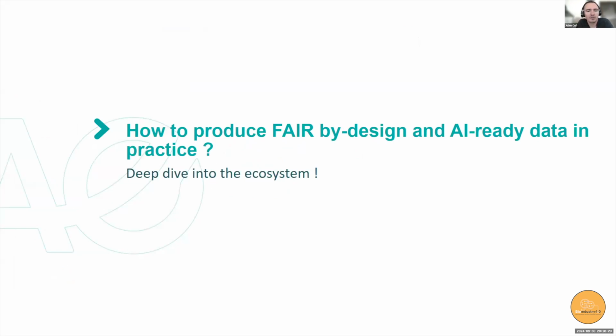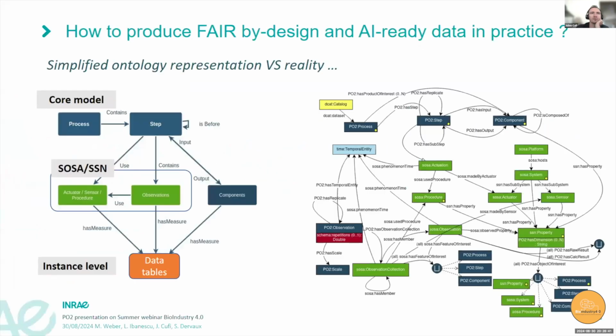Yes. So thank you, Magalie. Now we talk about how to produce FAIR by design and AI-ready data in practice, and we will dive into the software ecosystem. First, I want to come back to this schema. Magalie showed you the simplified ontology representation of the model.